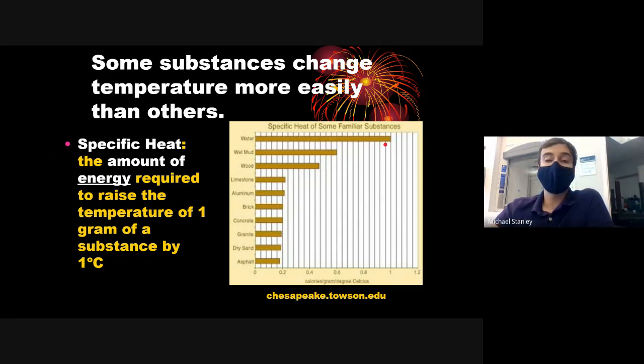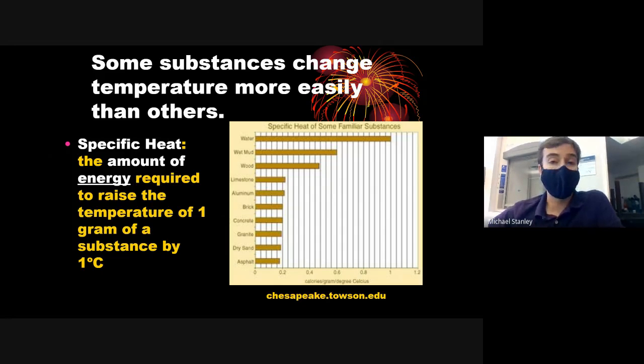So water, actually, that is a pretty high specific heat. I'm assuming a lot of you have boiled water on the stove before. And even over a stove that is cranked all the way up to high and is really blasting out the heat, it takes a while for water to come up to a boil, right?